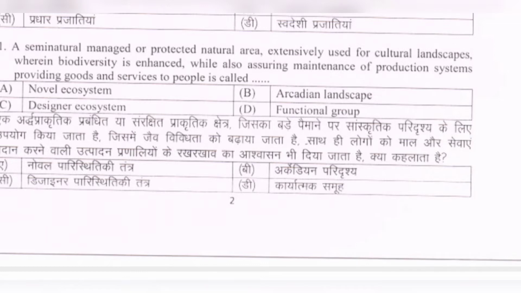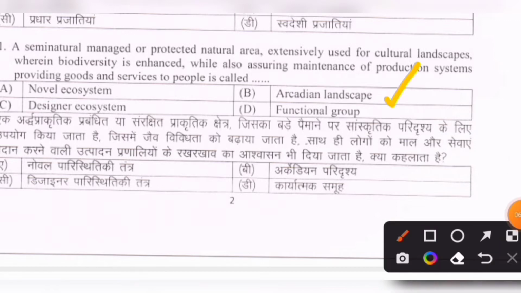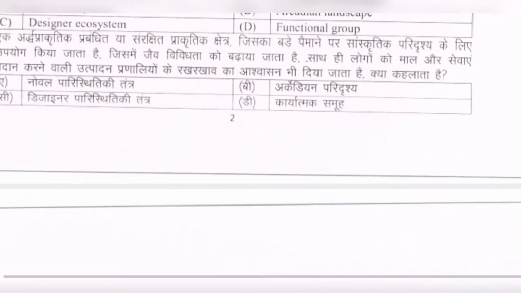Options are novel system, Arcadian landscape, designer ecosystem, functional group. The correct option is B is the correct option, that is Arcadian landscape. Let's see the next question, that is 12th one.